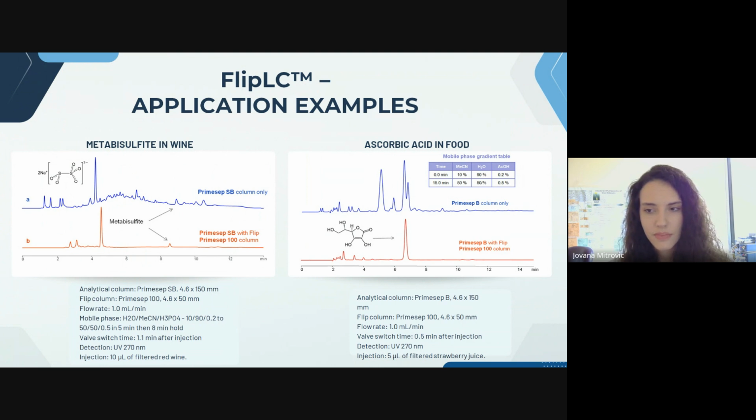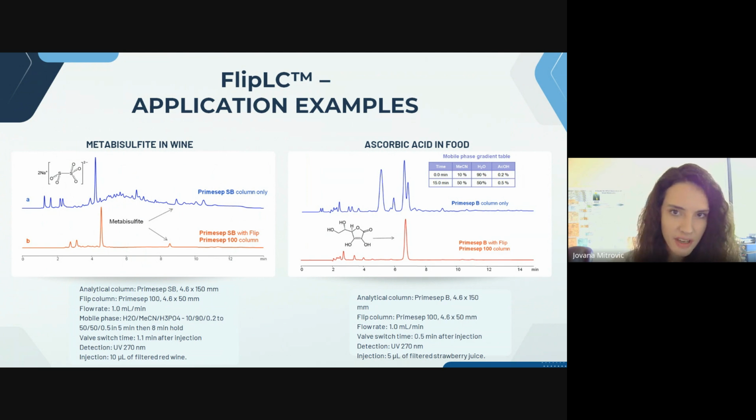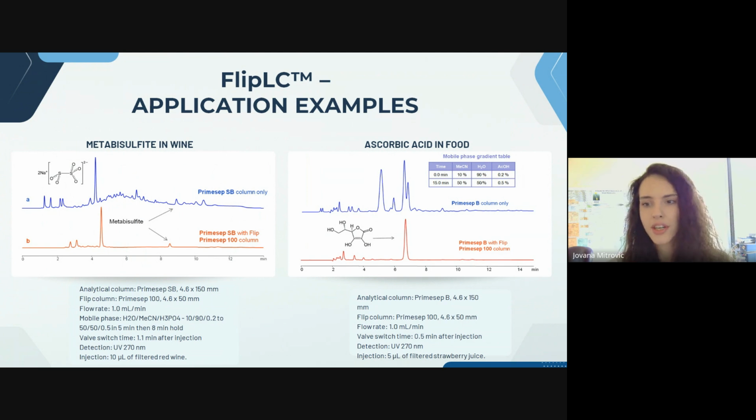Meanwhile, the metabisulfite analyte, which is small, polar, and negatively charged, passes through the flip column and enters the analytical column, which is a Prime Sep SB, with reverse phase functionality plus positive charge, where it can be cleanly separated and detected.